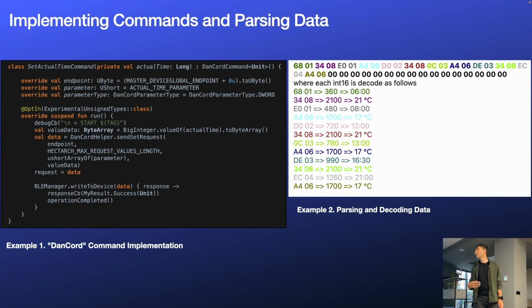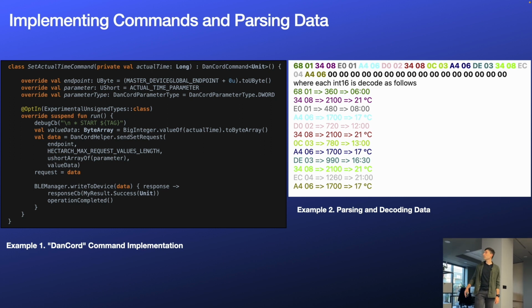We have the parameter, which is unique and defined by the firmware team. And also we have the parameter type. Through the helper, we are sending to the DENCORD protocol, and with this function we are forming the custom request for the device.